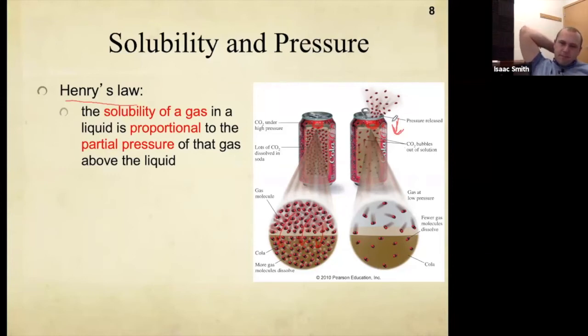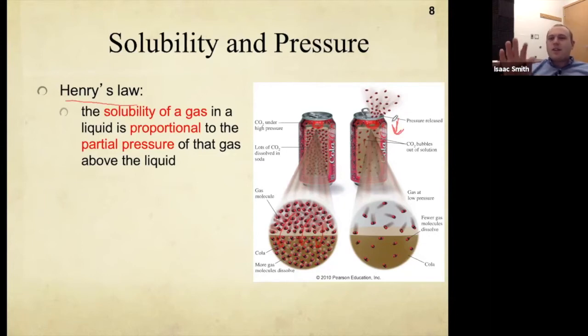And then you may have also noticed that you could try this. If you put a can of soda in the fridge versus opening a can of soda that's at room temperature or warm, the colder soda will taste more fizzy, and that has to do with what we learned in the last slide, where if the temperature increases, the solubility goes down, right?